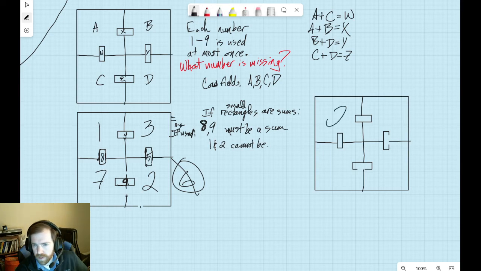So assume that 2 is going to be the lowest number, and we are not going to include 1. Yes, so the rectangles are intended to be the sum of the 2 pens that are connected to them.